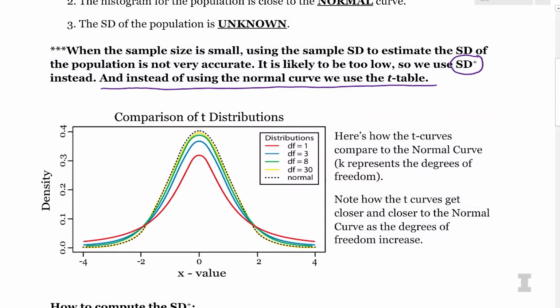The smaller the sample, the fatter the tails of the t-distribution and the shorter the hump. The bigger the sample, the closer the t-distribution gets to the normal curve. Here it says 30 is basically the normal curve, so 25 should be a good estimate. Ideally 30 or higher for the small sample.